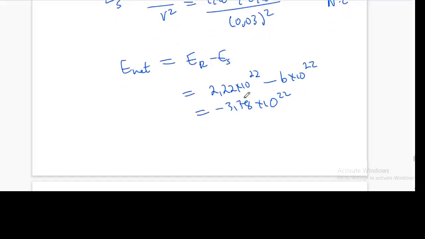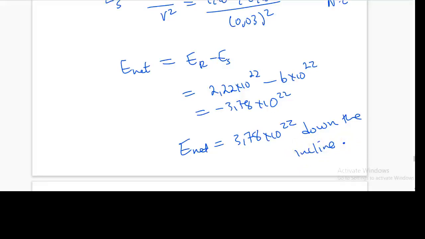Remember, I said up the incline is positive, therefore E net is 3.78 times 10 to the power 22 down the incline, or away from P, or we can say southwest. So this is the answer that you get for that.